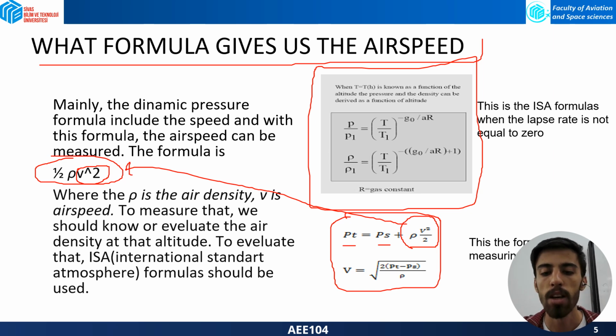It comes from 1 over 2 rho v squared. And if you leave the v, which is velocity, alone, you get that v is equal to the square root of 2 times (P total minus P static) over rho, which is a very basic and very important formula for measuring the velocity.